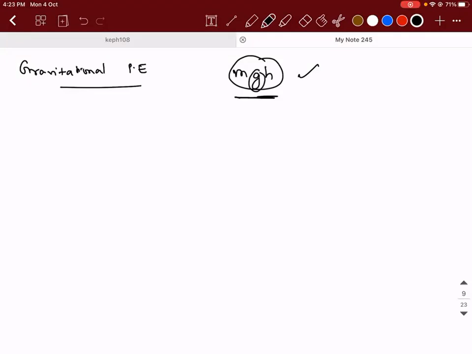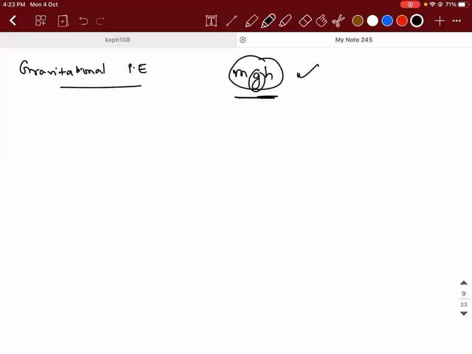Do you think MGH can be applied whether the object is close to the surface, or at a certain altitude, or if it is at a certain depth also? Can we use MGH everywhere and substitute g as 9.8 everywhere? No, sir. No, right? By now we would have got clarity.